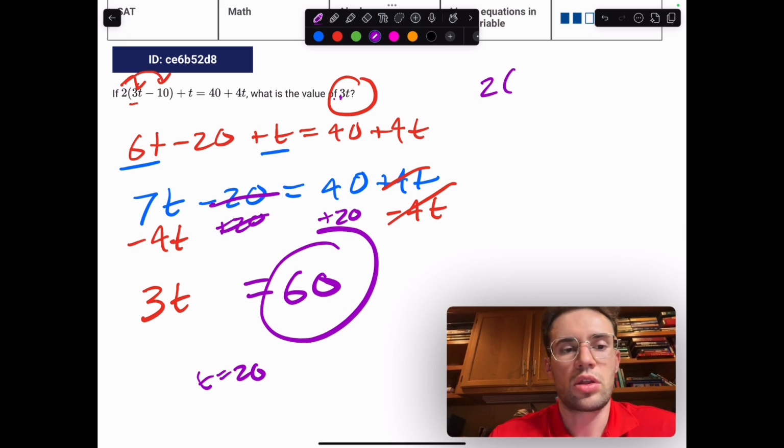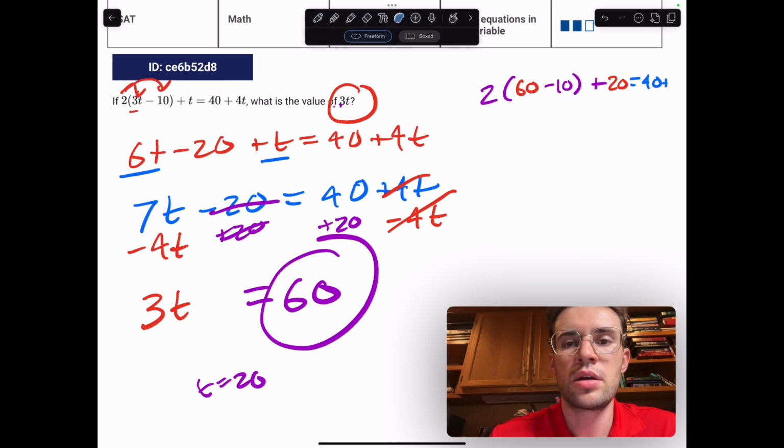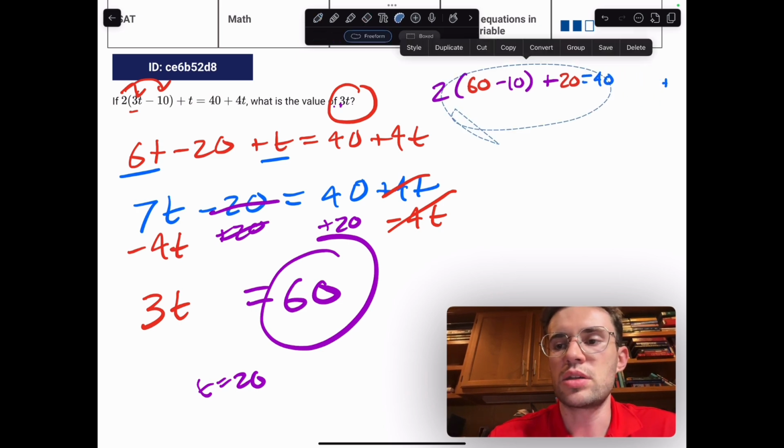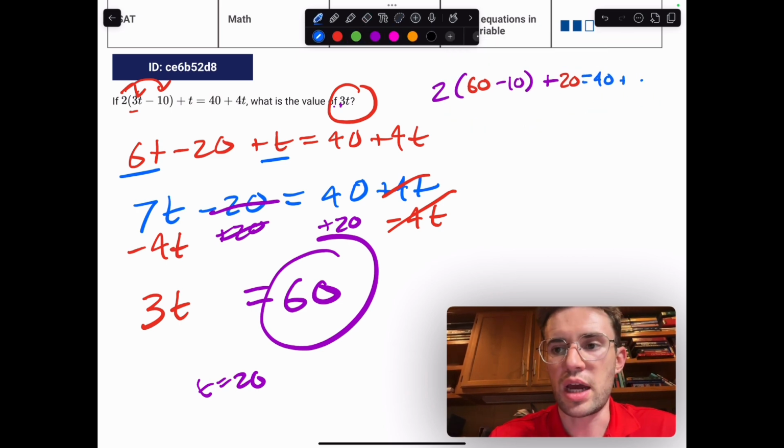2 times 3t, we said was 60. So 2 times 60 minus 10 plus, we said t is 20, equals 40 plus, I need to move this over so I have a little more space. 40 plus 4 times 20, t is 20.